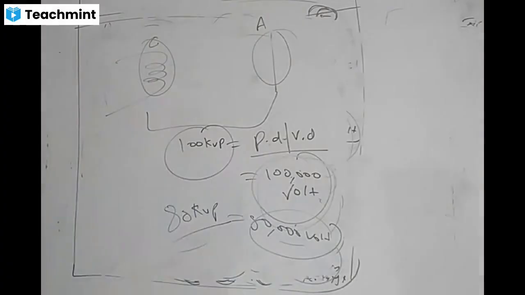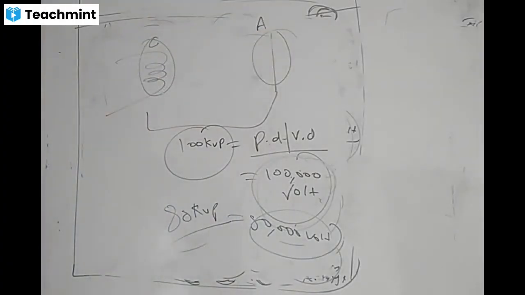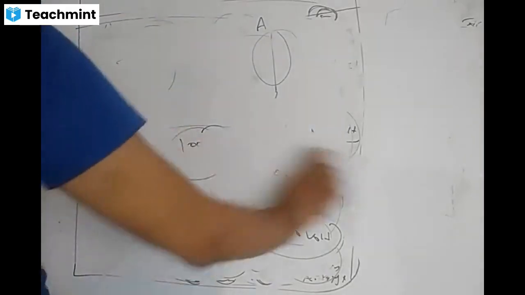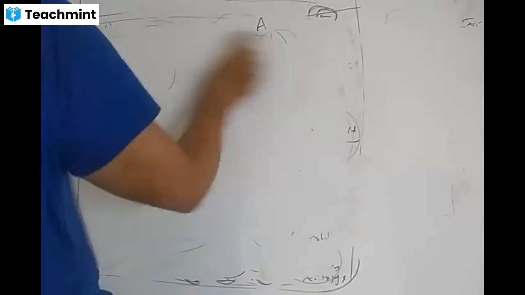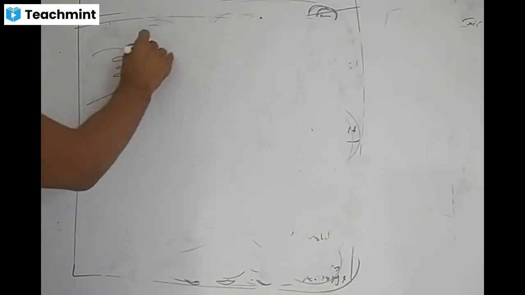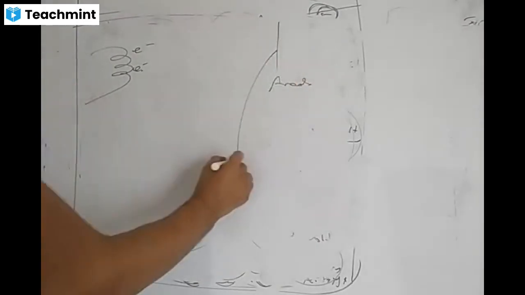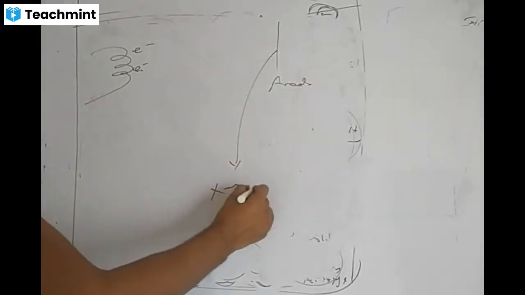So this much energy we give to the electron, and they are accelerated towards the anode. So if we are giving 100 kVp, this is the filament, these are the electrons, and this is our anode. And what comes out here? X-ray.